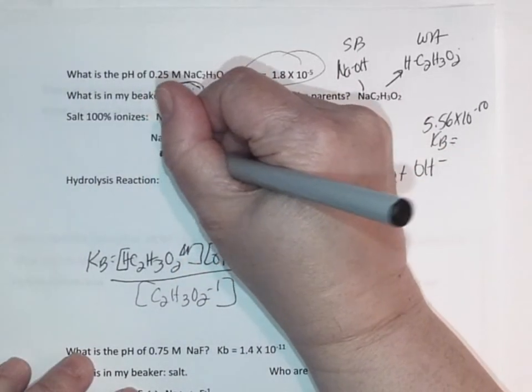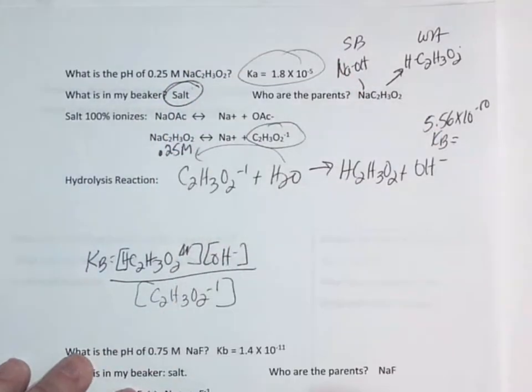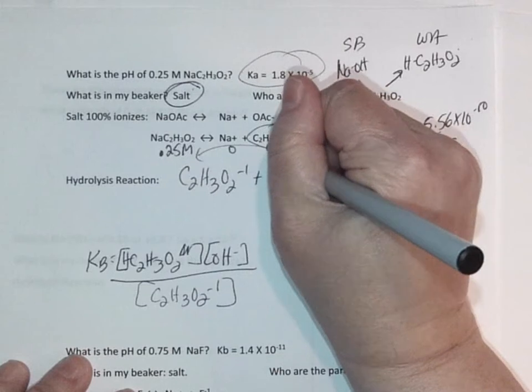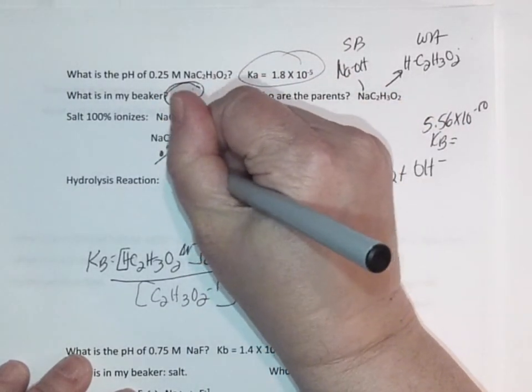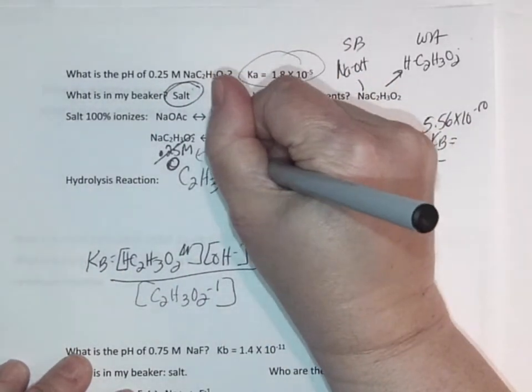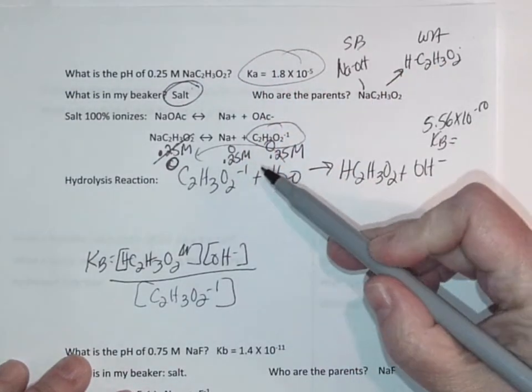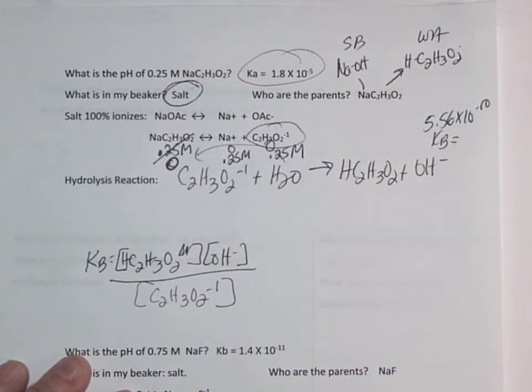So here's the concept. Originally, I had 0.25 molar of this salt and 0 of this, but immediately this goes to 0. And because it 100% ionizes, this is the concentration I have of each of those ions.